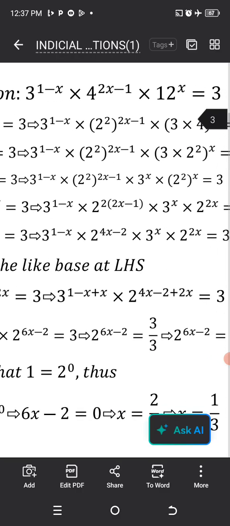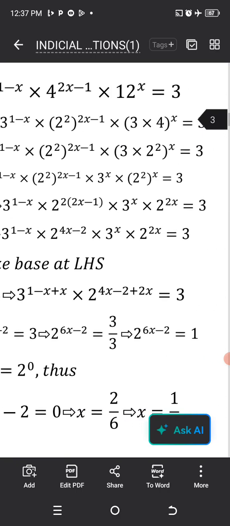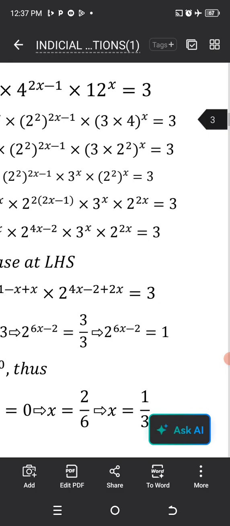Like I said earlier, everything all raised to power 2x minus 1 multiplied by what? Multiplied by 3 multiplied by 4. Inside parentheses, everything all raised to power x. You see that 12 has now changed to what? 3 multiplied by 4, which is actually true.